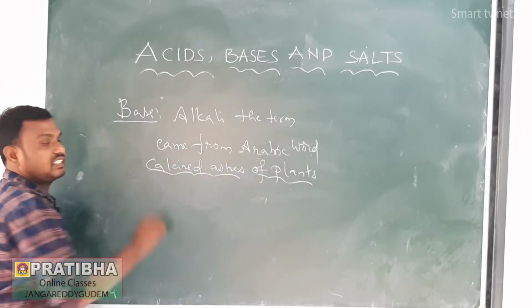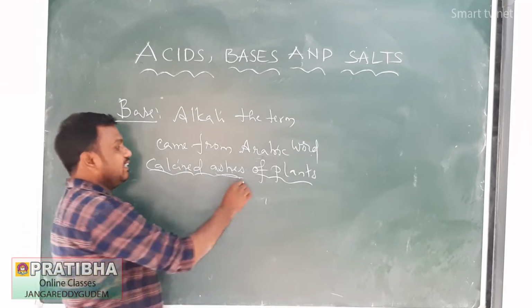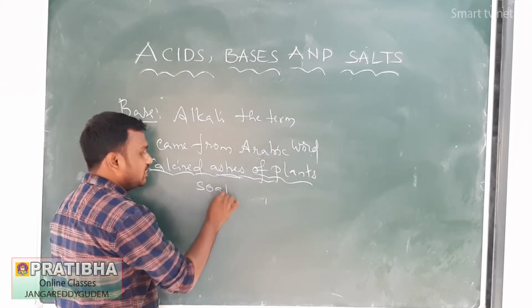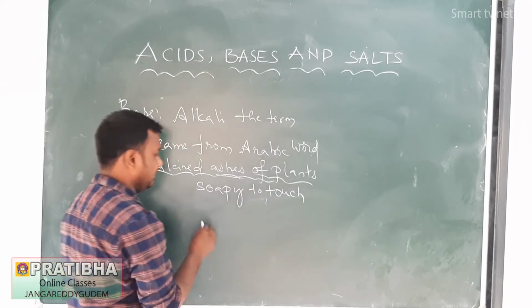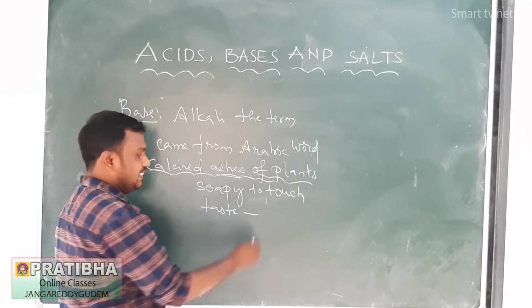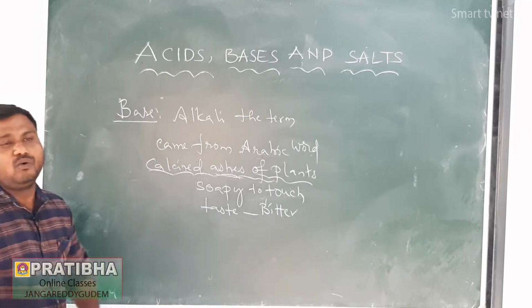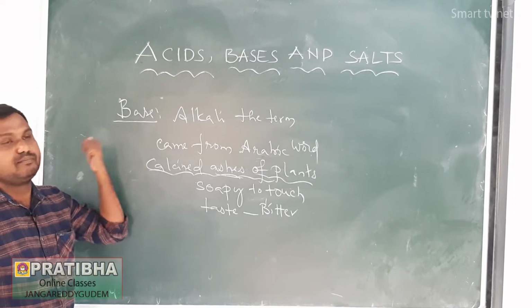It is coming from the ashes of plants, and bases are soapy to touch and bitter in taste. Now we are going to discuss what is meant by acid and what is meant by base.